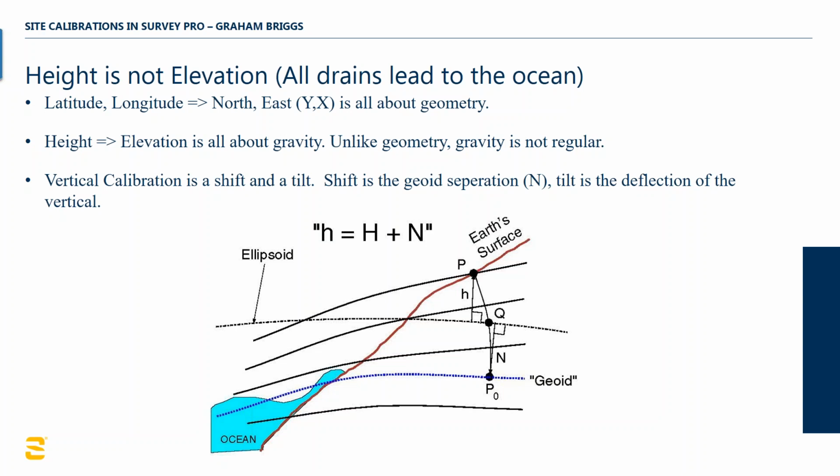What's important about that is that it is entirely influenced by gravity. Water will flow downhill from a higher gravity to a lower gravity. The important part about this illustration I want you to picture is the fact that the dashed line for the ellipsoid is not parallel to any of those other lines representing different surfaces of gravity.